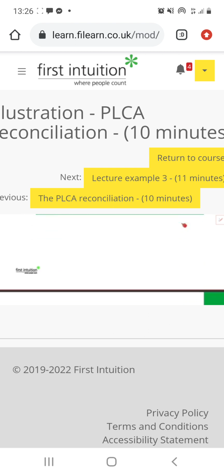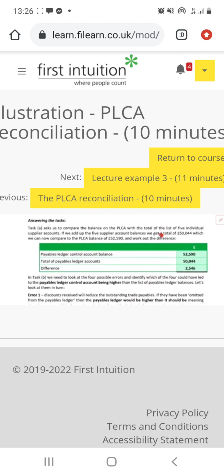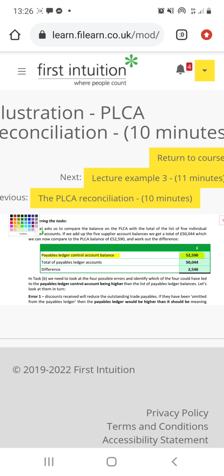You can see, just picking that up and rolling that forward, the payables ledger control account balance is the one we were given in the question of 52,590. The total of the actual payables ledger accounts is what we've just added up as 50,044. So we are left with a difference of 2,546. That's the straightforward bit.